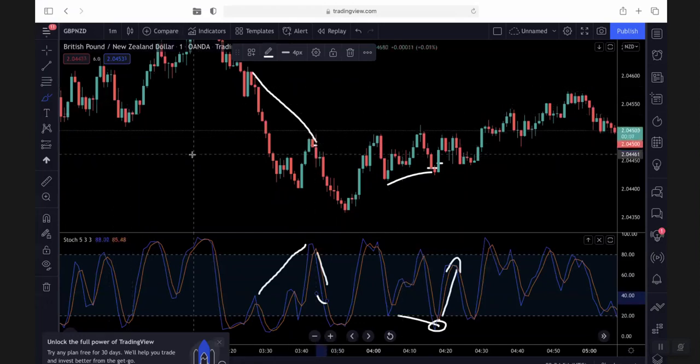You were saying? What I was asking was, when it comes to re-entries, we'd also still be looking at divergence. So every time it hits the oversold line, that's when we start adding our buys. Correct.